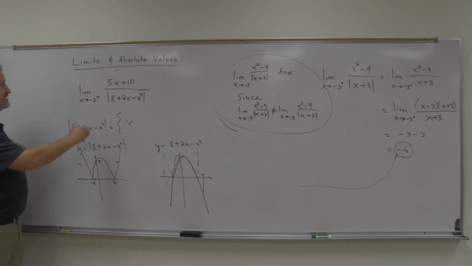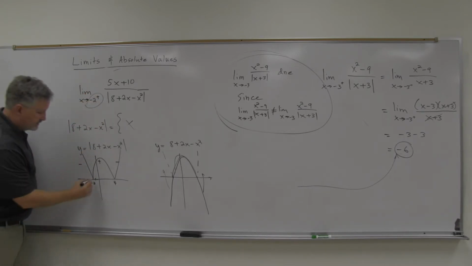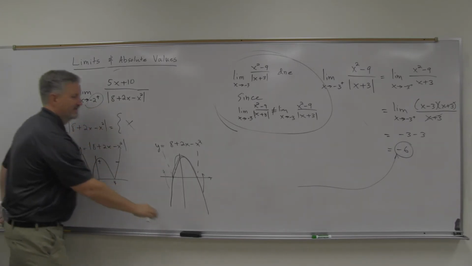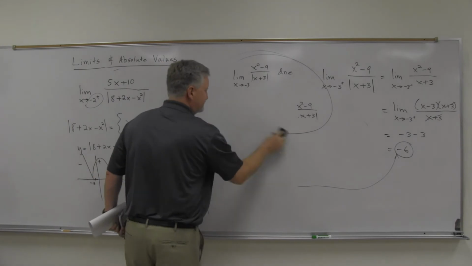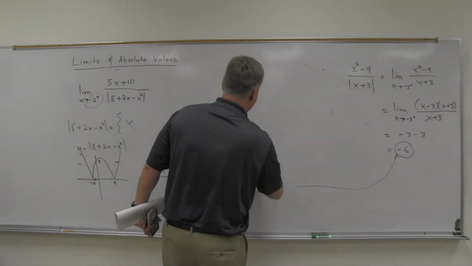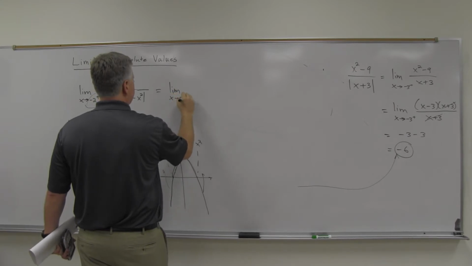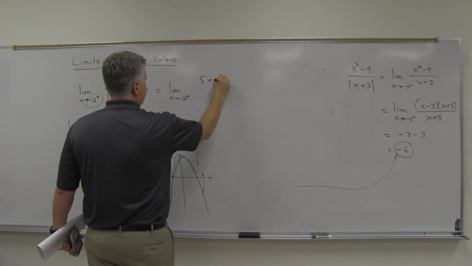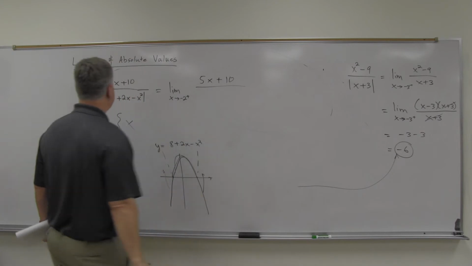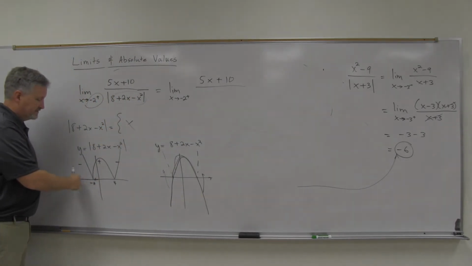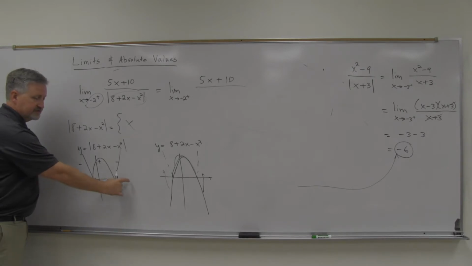So in this particular case, since I'm approaching negative 2 from the right, so I'm approaching here, what do I want to replace that by? A long way to go, but the moral to the story is, what do I want to replace? Let's look at 5x plus 10 alone for just now. I want to replace, I don't need to negate it because I'm not in this range or this range.